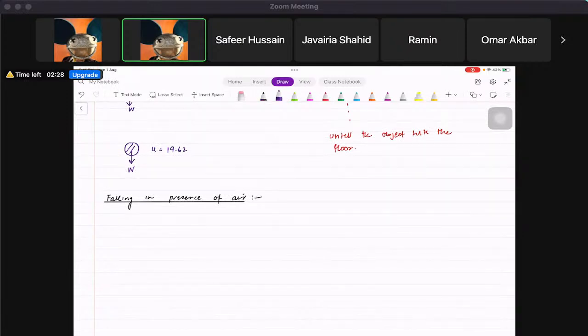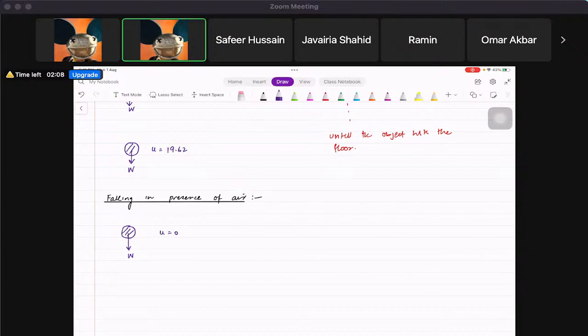So for that, initially we have this object which has a weight. Let me make the weight a little bit bigger. The initial velocity is 0, and you know g is 9.81.